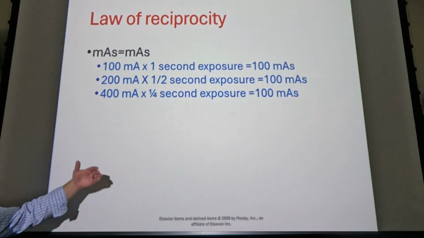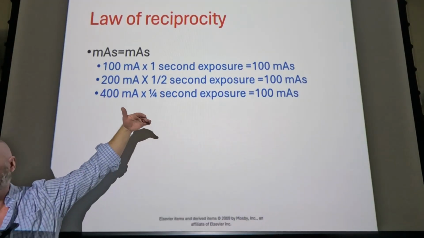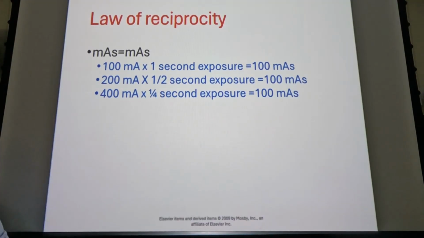So in her case, we used as high of an mA station as we could with as short an exposure time as possible. Still a horrible study because she was still moving. We could not get to an exposure time where we didn't have motion artifact. She was talking throughout, you know, hold your breath. She's not holding her breath because she's talking, right?